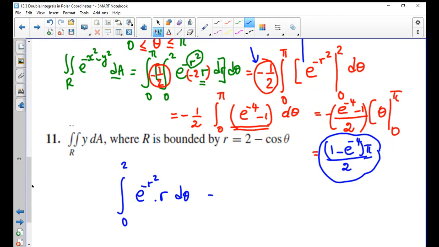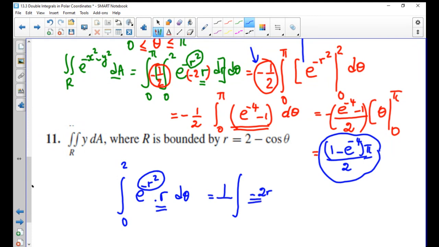What I do is I write this. What is the derivative of minus r squared? Minus 2r. And because I only have r here, I can put minus 2r, but I need to divide.